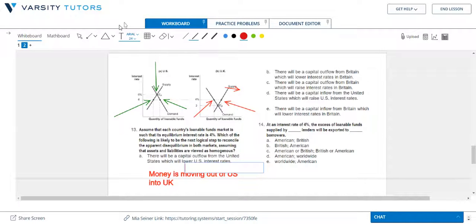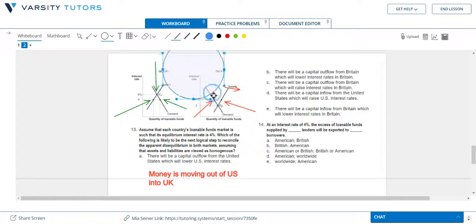And just for the sake of time, I'm going to try to get the last answer here too. At an interest rate of 4%, the excess of loanable funds is coming from Great Britain right over here. These guys have a surplus of loanable funds. They can't seem to get rid of their supply of loanable funds at 4%.